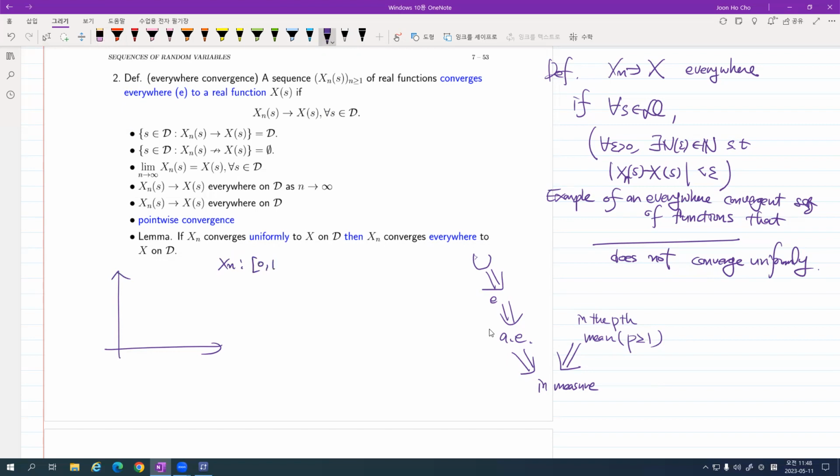Let's restrict our common domain to the interval 0, 1. Am I correct?